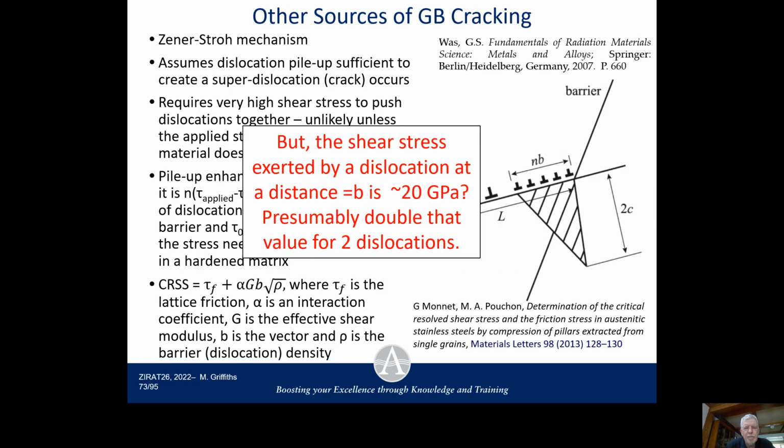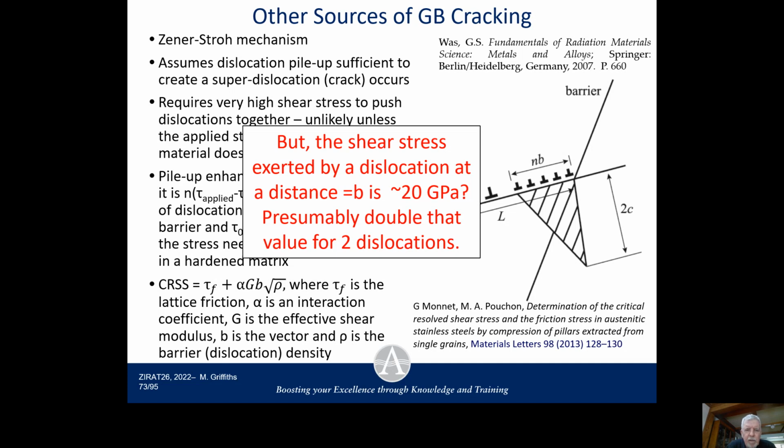Okay, so apart from bubbles on boundaries, helium stabilized bubbles on boundaries, what are the other sources of intergranular cracking? Well, one that's cited often, although I'm not sure there's any practical evidence for it, is what's called Stroh type cracking, in which you get a slip band and a buildup of dislocations at a boundary, such as a grain boundary.